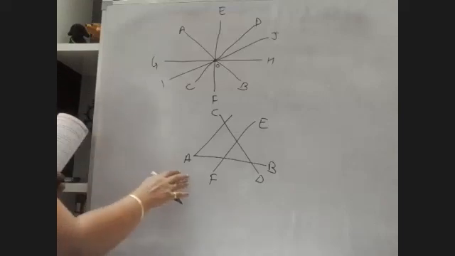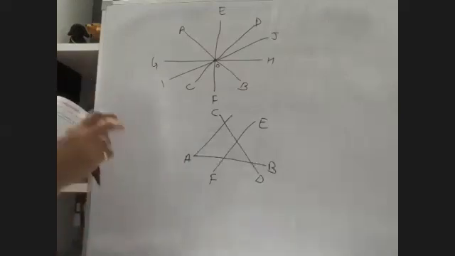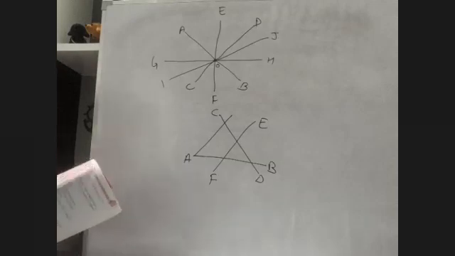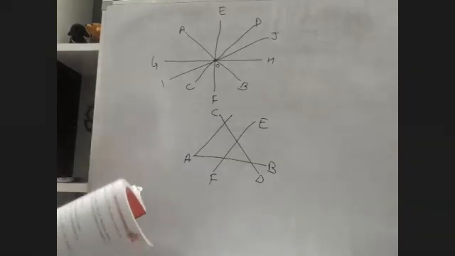So these lines are non-concurrent lines. Clear, students? So these are the main points which you follow to do unit 5, that is basic geometrical concepts.